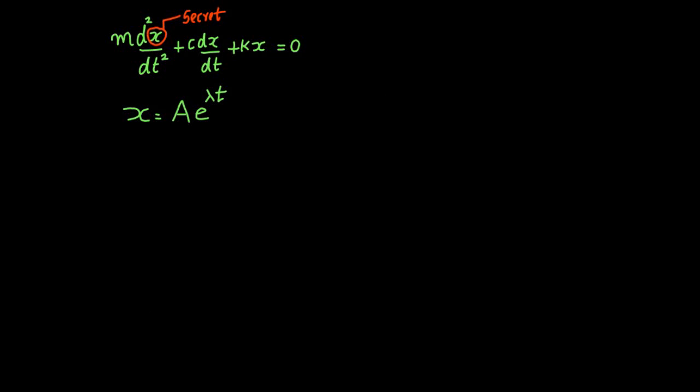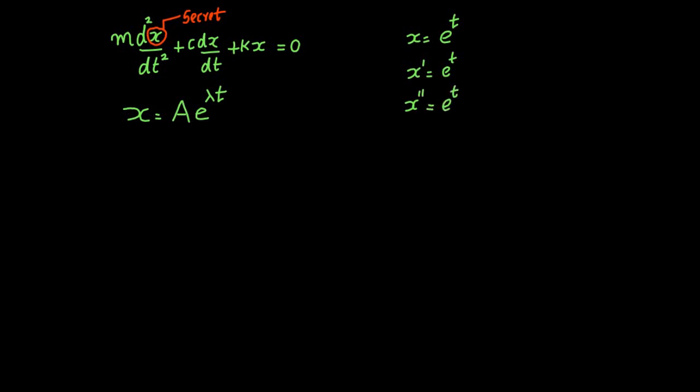If you differentiate e raised to the power t one time, you are going to get the same. If you differentiate it 2 times, you are again going to get the same.